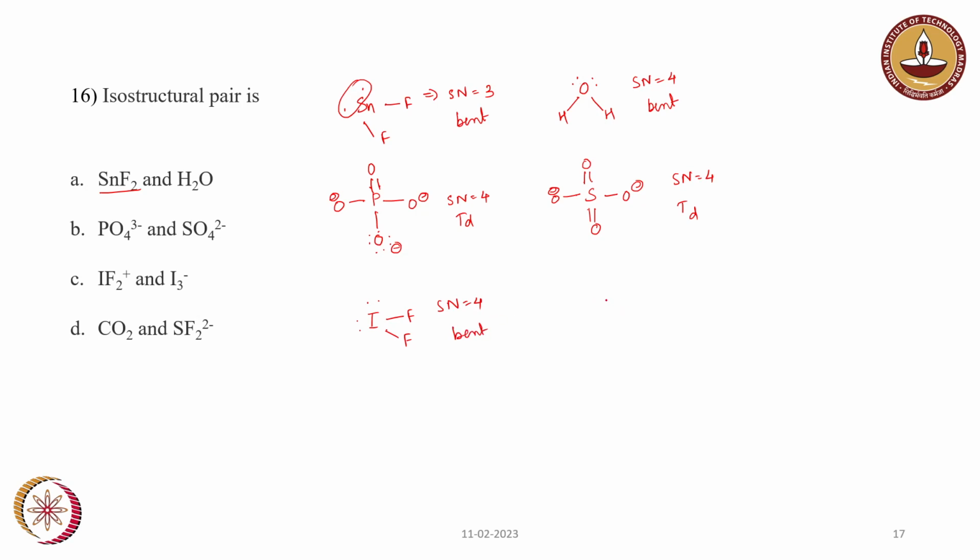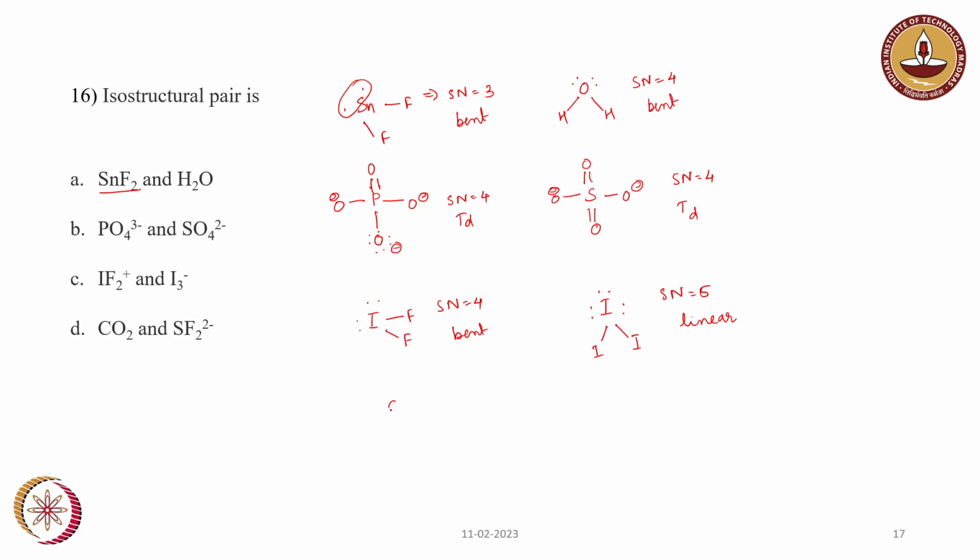In I3 minus, iodine has 7 valence electrons, but if we add the negative charge to the central element, then it becomes 8 valence electrons, then 2 bonds with 2 iodines. So it will be a steric number 5 and linear shape.